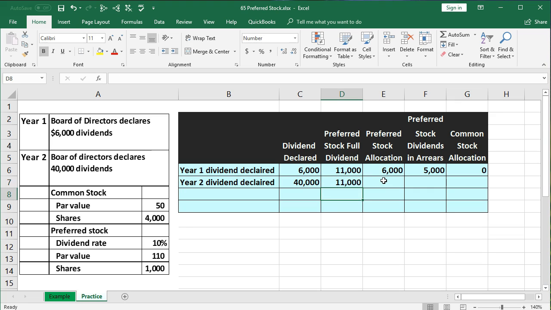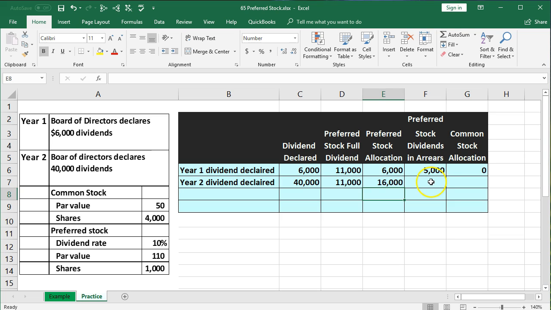So that's the 11,000. So the preferred stock is going to get that 11,000 of the 40 because the 11,000 is greater. Plus, they're going to get the dividends that have not been paid in the prior years, the dividends in arrears. So they're going to get the 11 plus the 5.